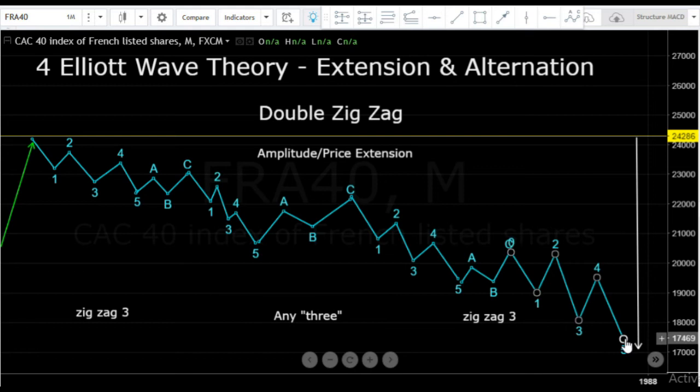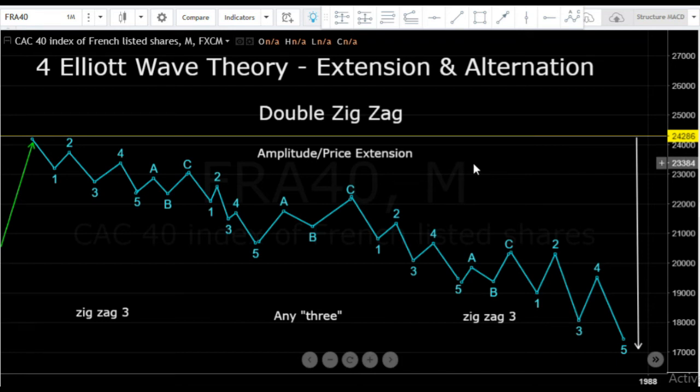So price here has moved significantly down from where it started. So this is our amplitude, and in the other direction, as we saw earlier, it is our time.